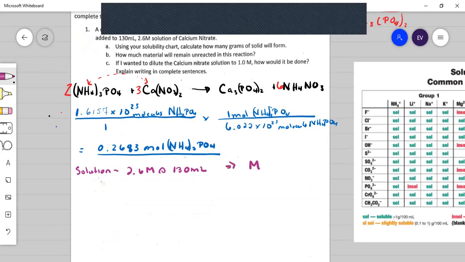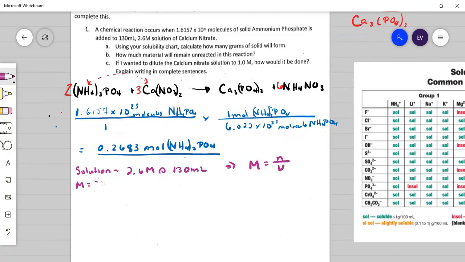Molarity is equal to the moles of solute over the liters of solution. I know my molarity is 2.6 molar, and my volume is 130 mLs, or 0.130 liters. And my moles is what I'm looking for. That's my unknown, so I have to solve for moles.